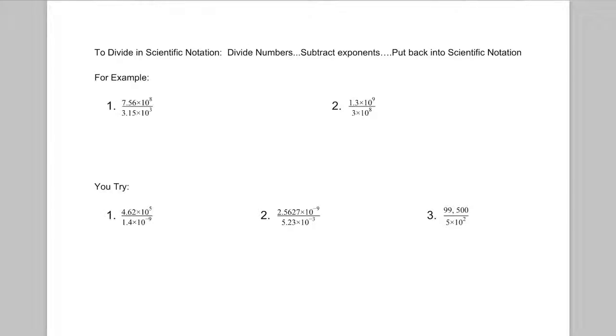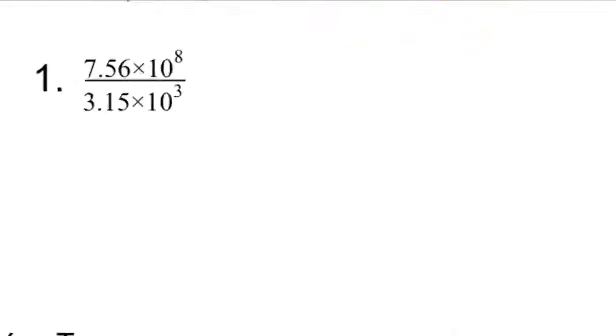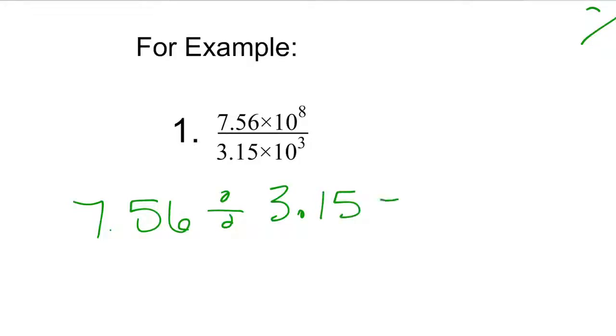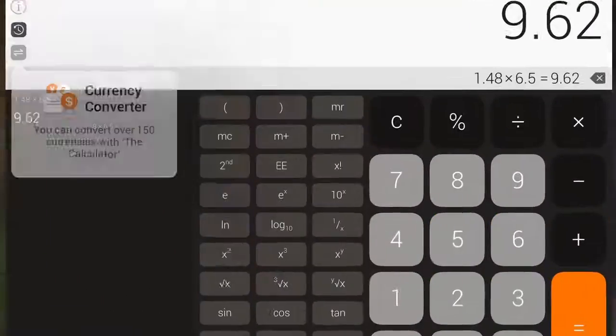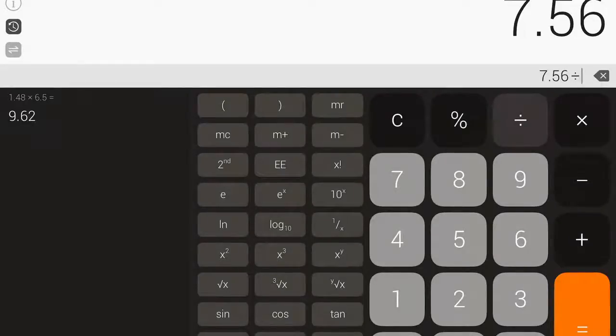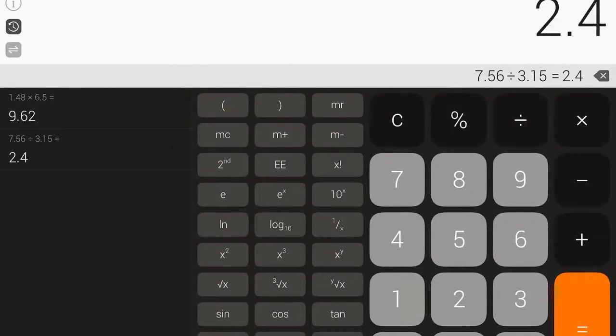To divide in scientific notation, we divide the numbers and subtract the exponents, just like we learned when we computed with exponents. So we divide and we subtract, and then finally put back into scientific notation. So let's do this first one. 7.56 divided by 3.15 equals 2.4.